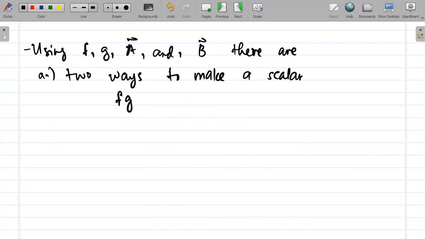Scalar, multiply mo sa scalar, scalar pa rin. Ano yung isa class? Ano yung isa pang way para makagawa tayo ng scalar quantity? A dot B. So, tama. A dot B. Very good. So, ito, FG, product of two scalar functions.